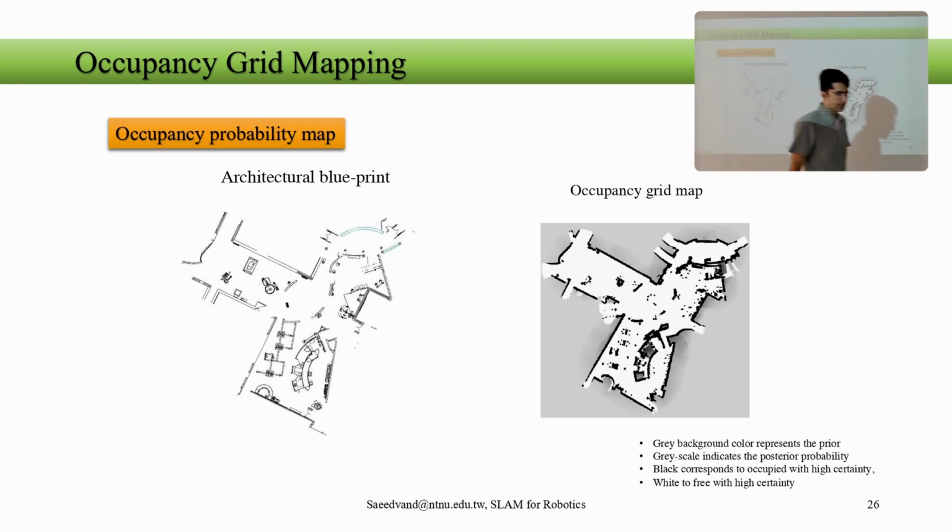But after calculating the occupancy probability grid mapping, here we have the architectural blueprint of the environment, and here we have the occupancy grid mapping.